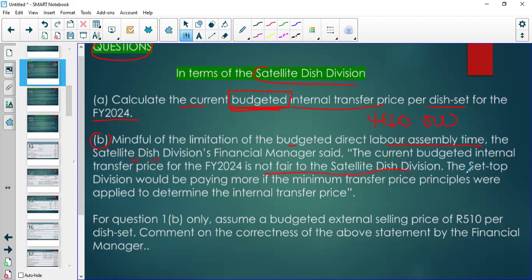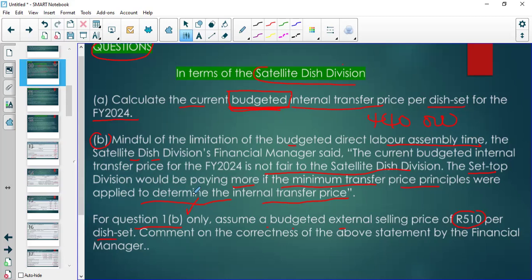The set-top division would be paying more if the minimum transfer price principles were applied to determine the internal transfer price. So for this question, assume a budgeted external selling price of 510 per dish set. Then comment on the correctness of that.